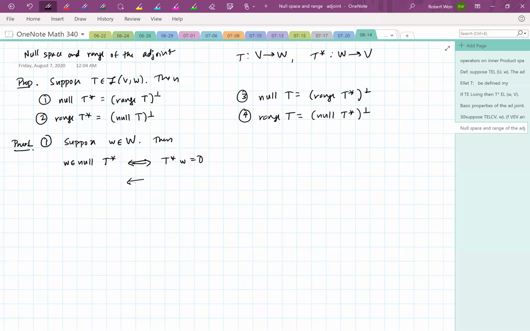So this vector is 0 exactly the same thing as if I take the inner product of this vector, I get 0 for every v in V. But hopefully by this point, if you see v comma T star w, what you want to write is Tv comma w. So this is equal to 0 for every v in V.